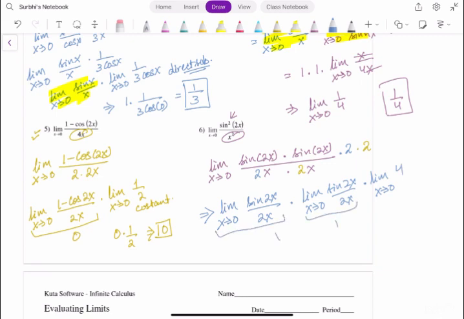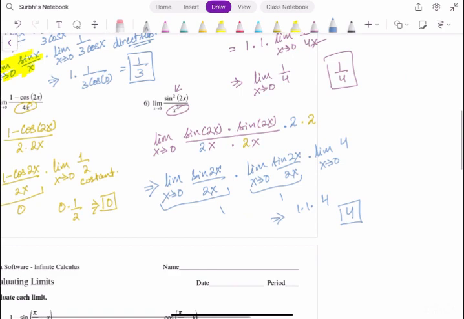This will give you just 1 and 1, so 1 times 1 times 4. That will be nothing but only 4. And this is my explanation for evaluating limits with trig. I hope it made sense, and I will see you in the next video.